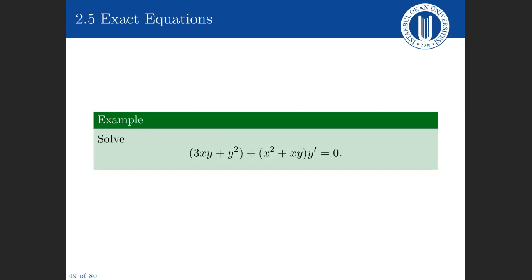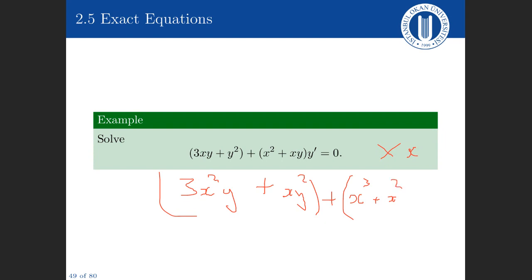Okay, we're going to take this equation and we're going to multiply it by x. So we're going to get 3x squared y plus x y squared. The second bracket multiplied by x, we're going to get x cubed plus x squared y prime is equal to 0.